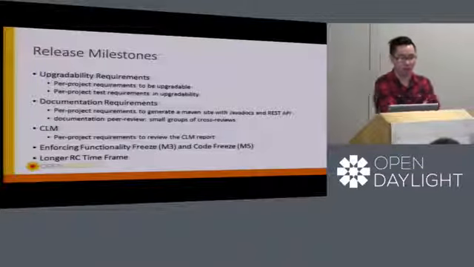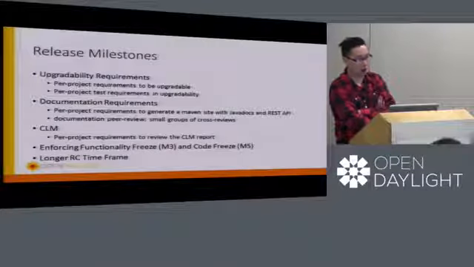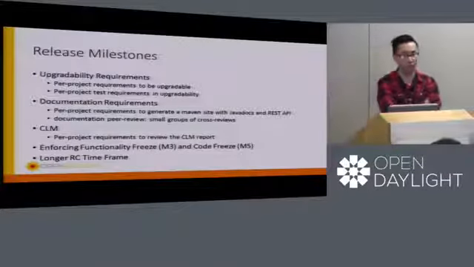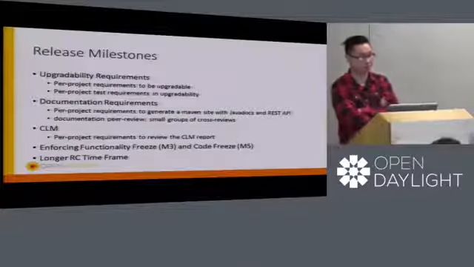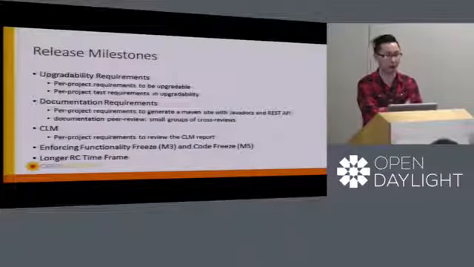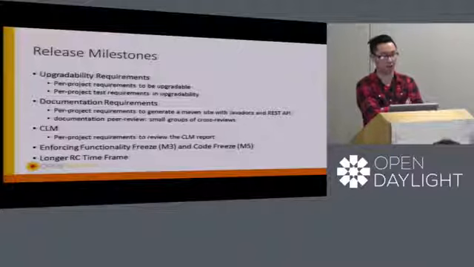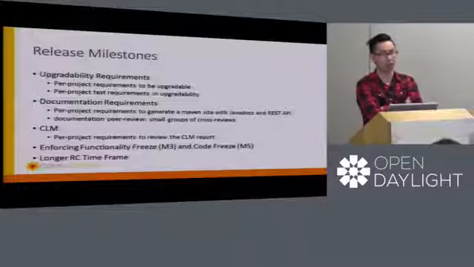For the release milestones, there was some discussion during the Beryllium timeframe about adding some new requirements. One of them is adding upgradability requirements per project, defining whether or not they've tested upgradability from a previous release.